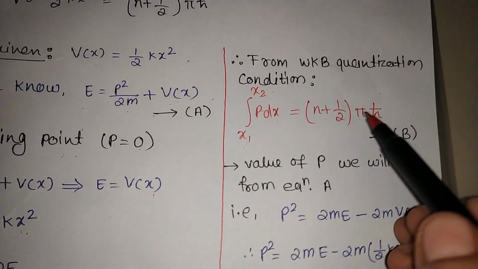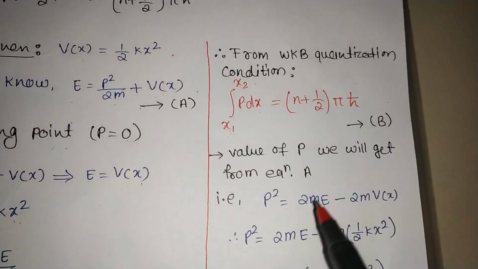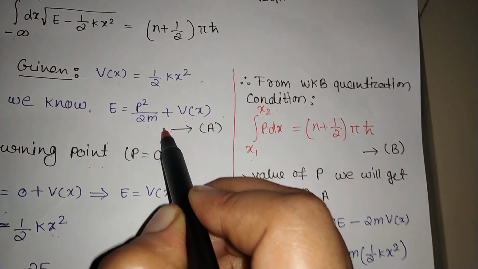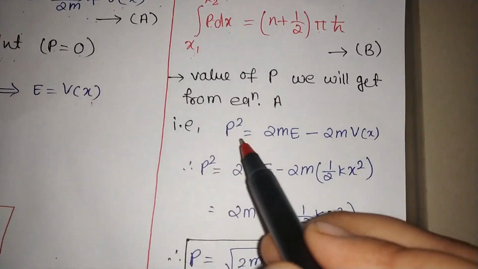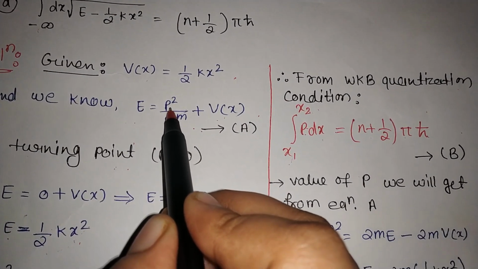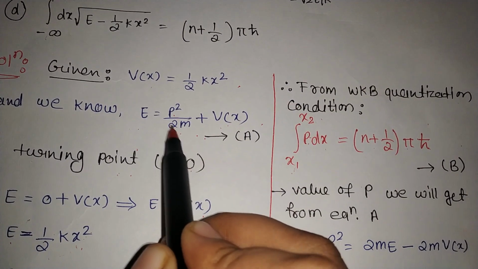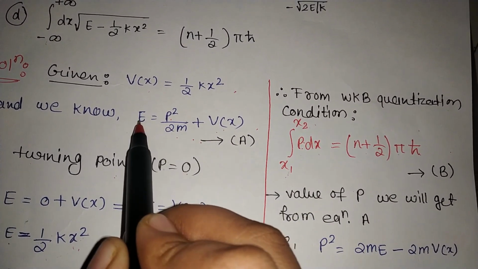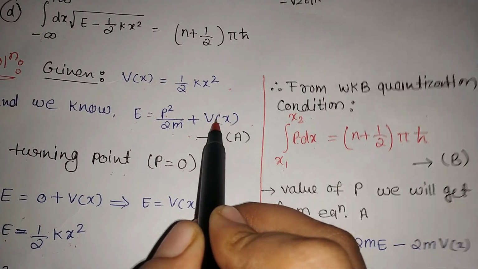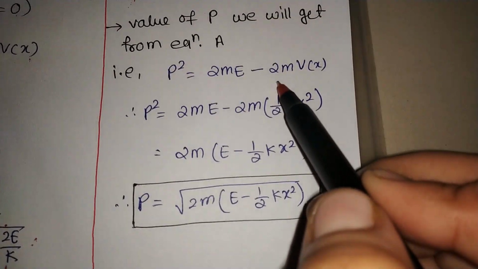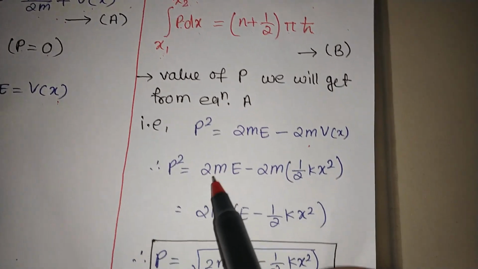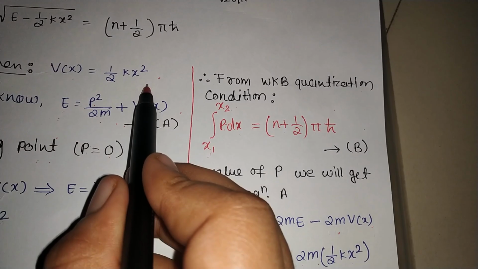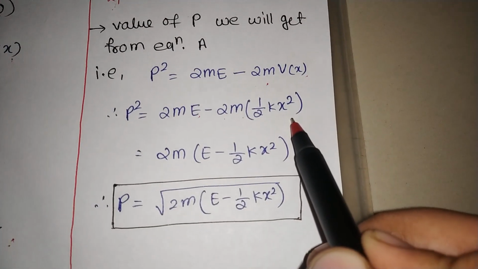Clear? So now we will find the value of momentum, using this equation. Here p square equals 2mE minus 2m V of x, because 2m is multiplied with both E and V. In the question V of x is given as half kx square, so we substitute that here.